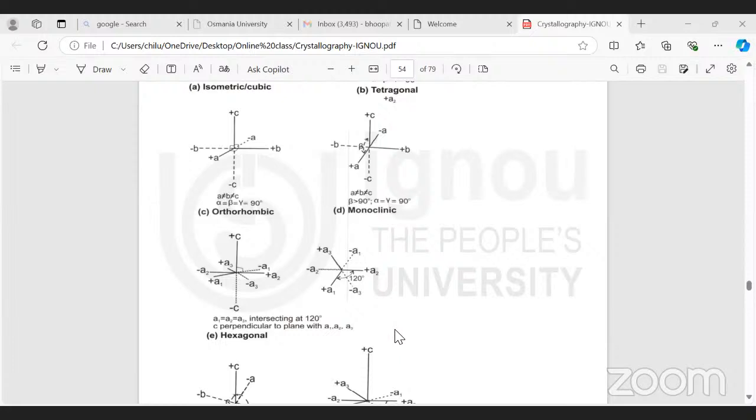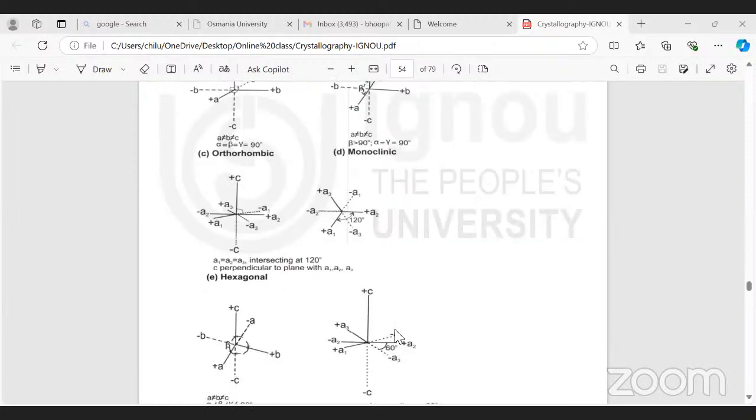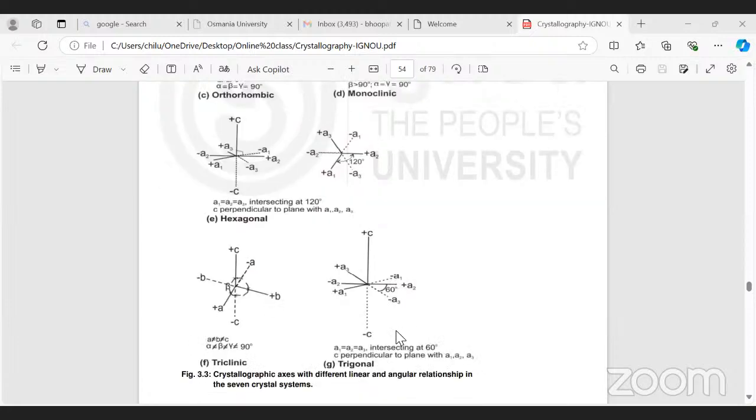So alpha is not equal to beta is not equal to gamma is not equal to 90 degrees. Maybe it is high, or sometimes less, depending on the formation of the axes.